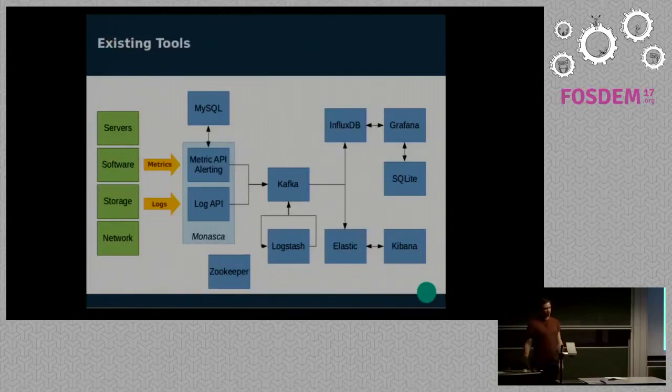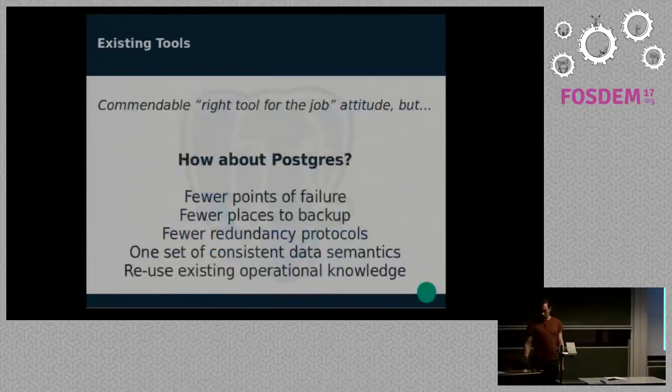Having this many databases, each with their own HA protocols, each with their own quirks, persistence layers, each of them you have to back up if you're doing it properly, then there's a lot of overhead there.